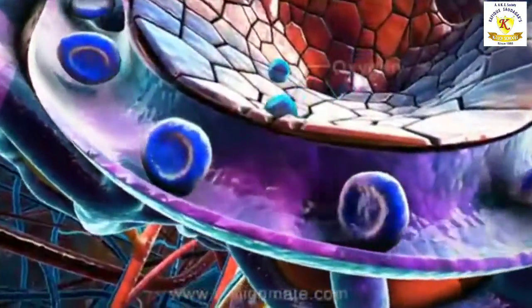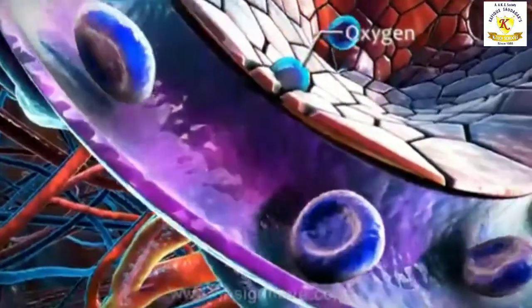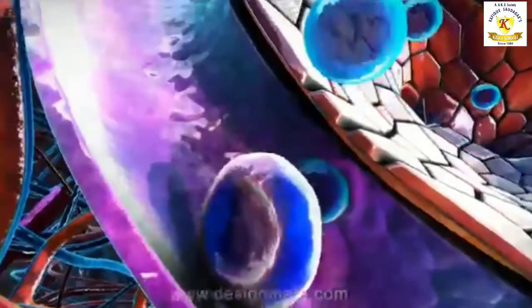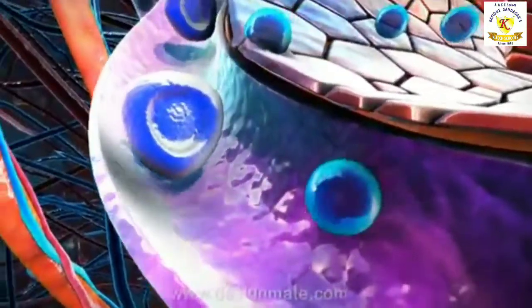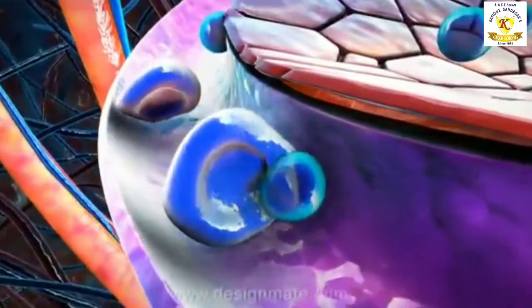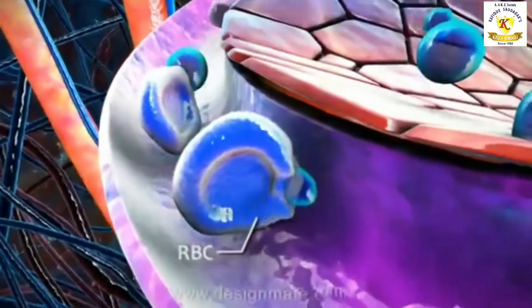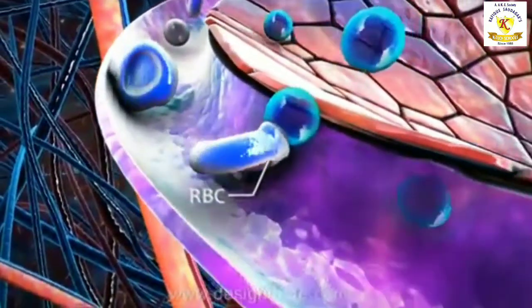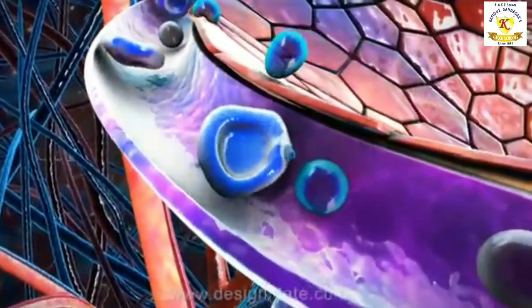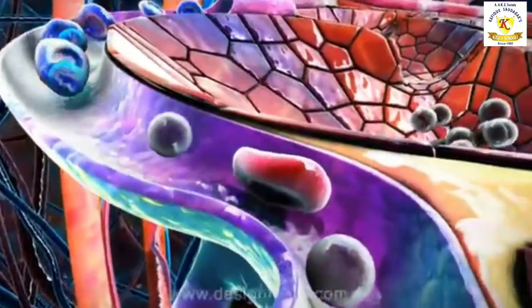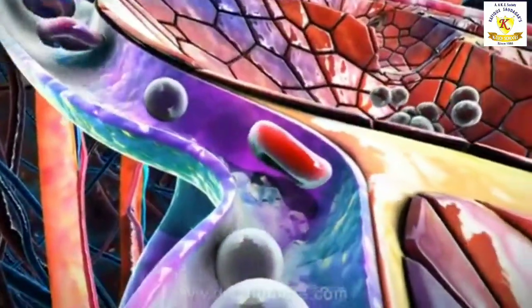The oxygen molecules then get absorbed by the bluish-purple RBCs, as you can see here. This causes oxygenation of RBCs and a transition in their color from bluish-purple to red is observed.